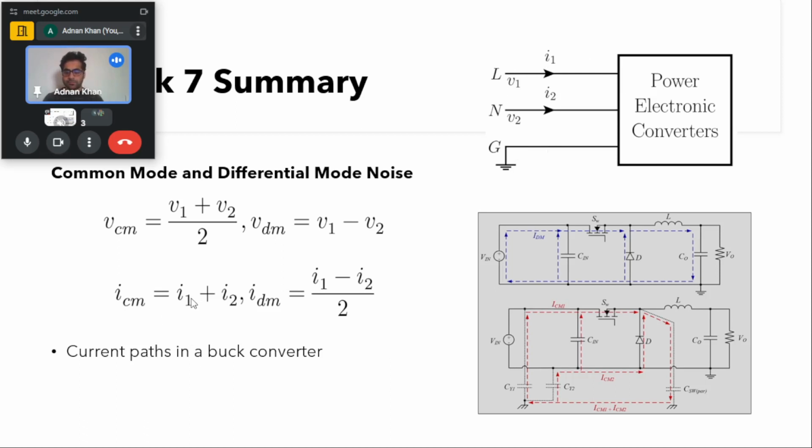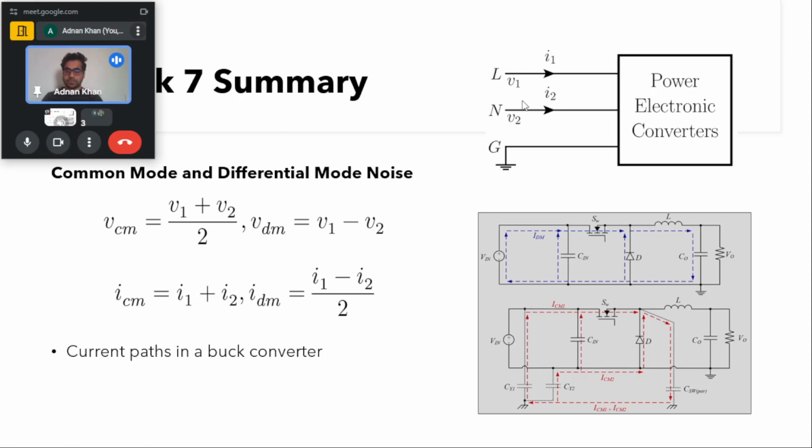The common mode current is given by I1 plus I2 divided by 2, and the differential mode by I1 minus I2 divided by 2. If I1 is the current going into the converter and I2 is equal to minus I1, as we usually see, then the common mode is equal to 0, because I1 equals I2 in magnitude with opposite direction, and the common mode may not be there.